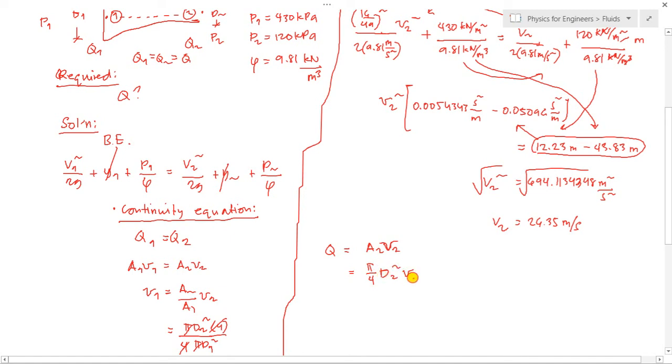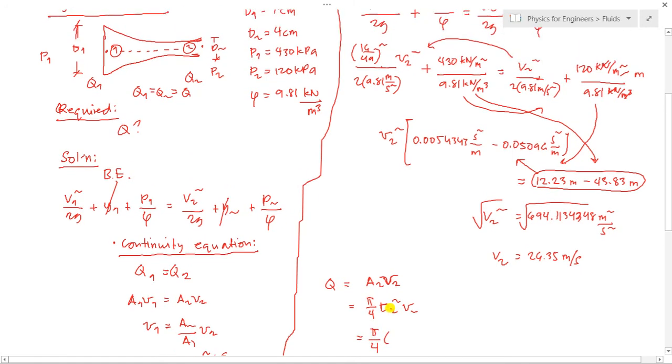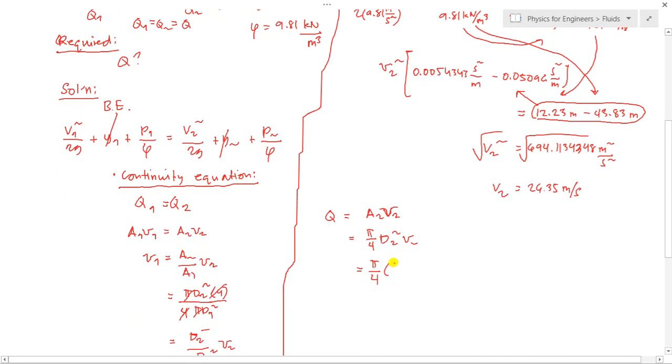The diameter at point 2 is 4 cm, so 0.04 meters squared, times the velocity 26.35 meters per second. The expected dimension is cubic meters per second.